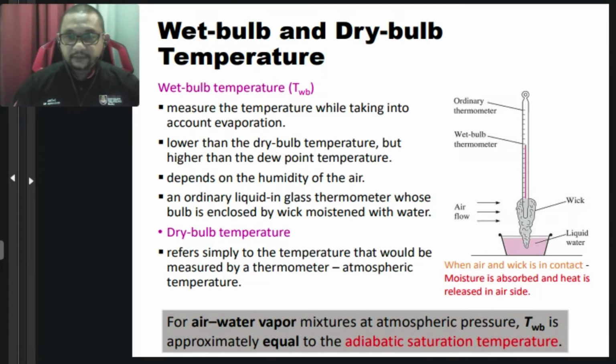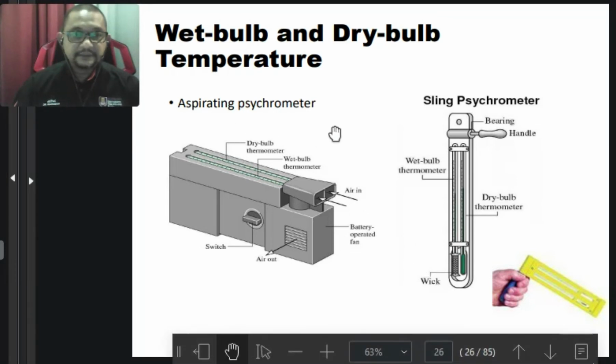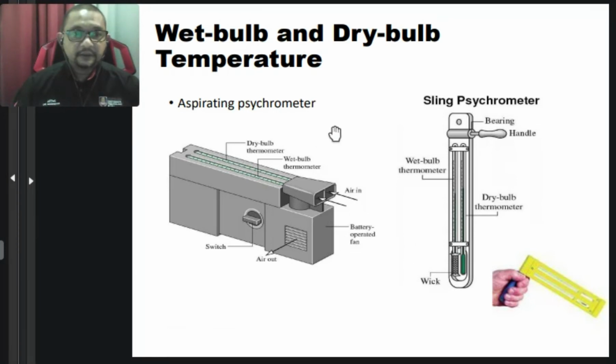Other methods for measuring humidity are using an aspirating psychrometer and also a sling psychrometer. The sling psychrometer is a device that has two thermometers.